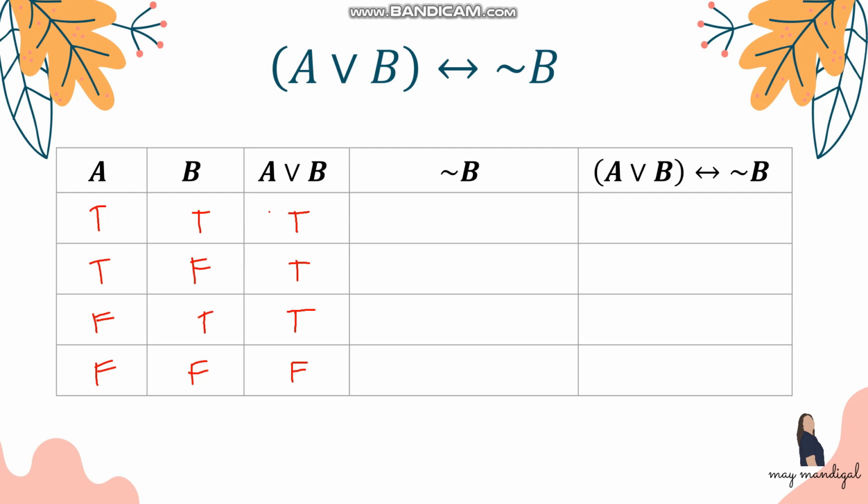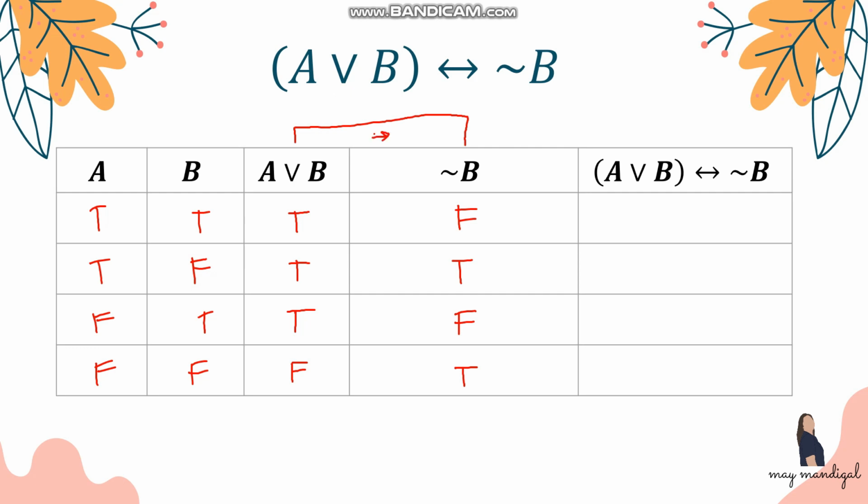And then for not B, so you just have to get the opposite of the truth values for B. So we have here false. For the false, it will become true, and then we have false, and then true as well. And then last, we have to get now the biconditional of these two right here.